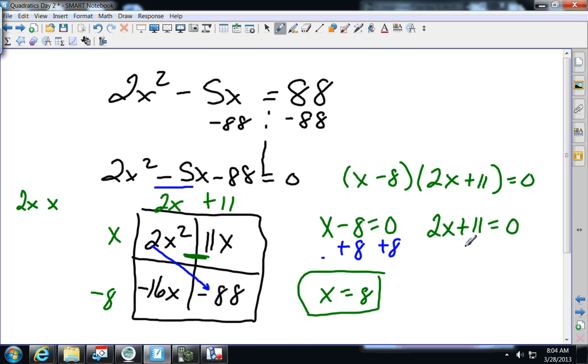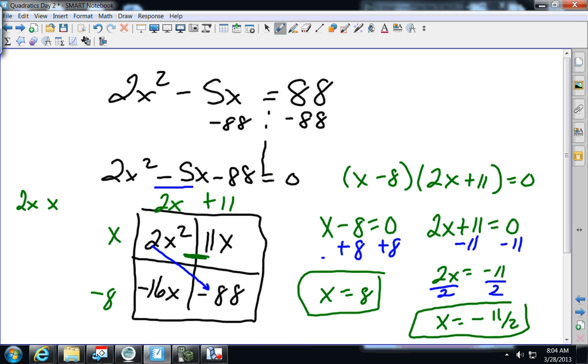The other one, I would subtract 11 from both sides, and I get 2x equals negative 11. Divide by 2. X equals negative 11 over 2, or if you put negative 5.5, that's fine. Those are my answers. That's where they cross the x-axis.